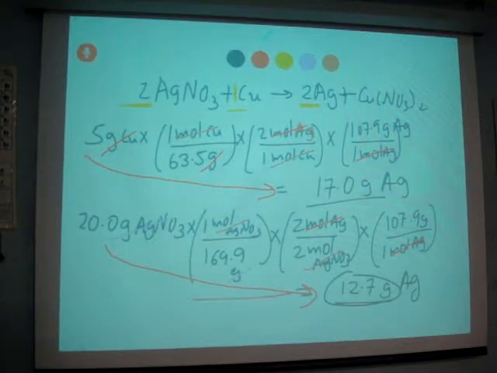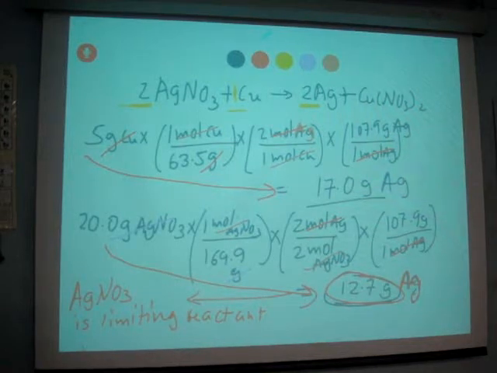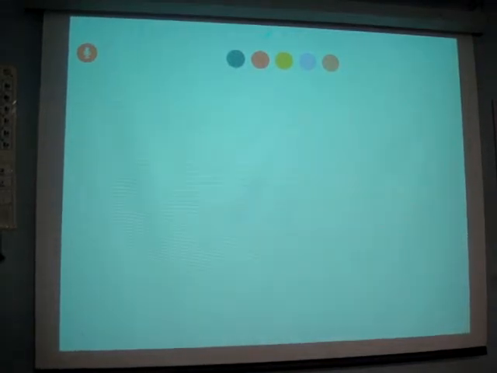So that's where we can say AgNO3 is the limiting reactant, and that's why we can produce 12.7 grams of silver. So based on that you can calculate which one is limiting, which one is in excess, and how much you can produce.